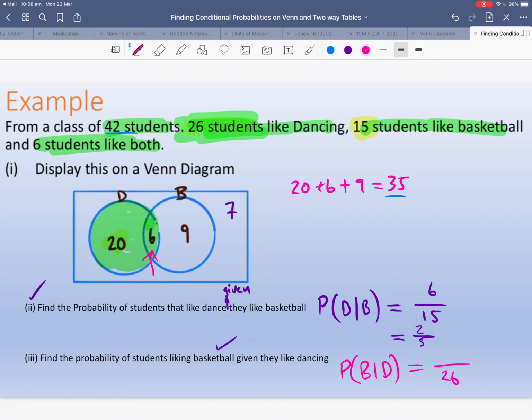We're looking at the middle: there's 6 students that like basketball, but they also like dancing. We can halve the top and the bottom, giving 3 over 13. So we're not looking at the total amount of students, we're looking at a condensed version.